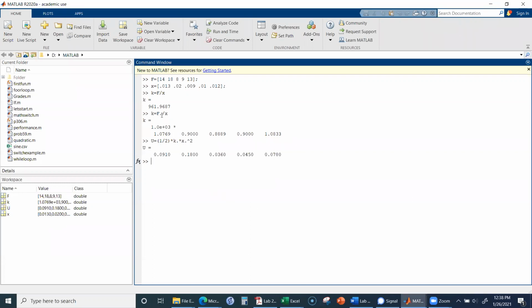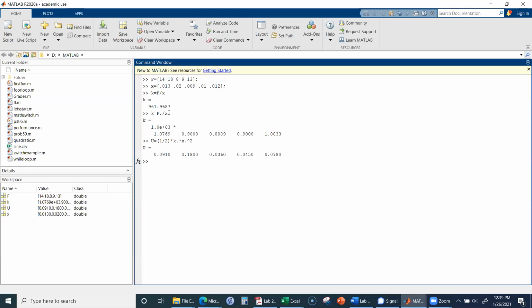Yeah, because we were dividing f by x. Any operation which is happening is in between f and x. So if we put any dot over here, that dot will not make any difference.